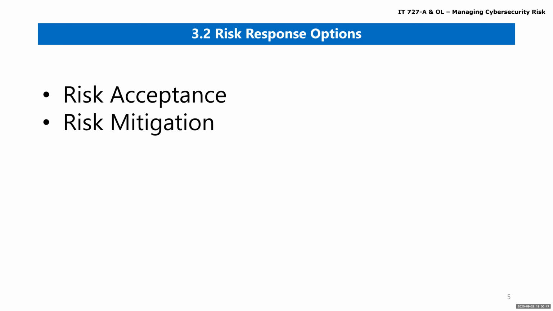So I will highly, highly, highly recommend you look at the context and understand the scenario when you come across questions touching upon this, because is ISACA talking about responding to the risk as risk mitigation, or is ISACA talking about risk mitigation as one of the options of risk response, right?